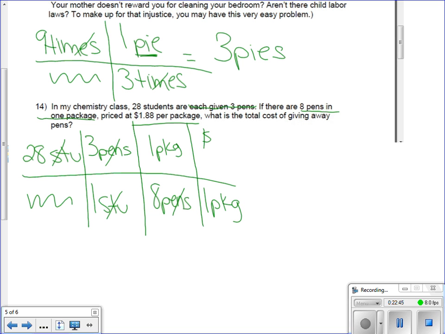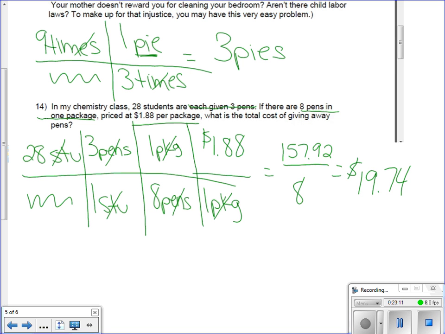I have to put my $1.88 on the top. And that's where I want it. Because the question asks, what is the total cost? So we want to end in money. So I can stop. We multiply the top and get an answer. We multiply the bottom and get an answer. And we divide the 2.